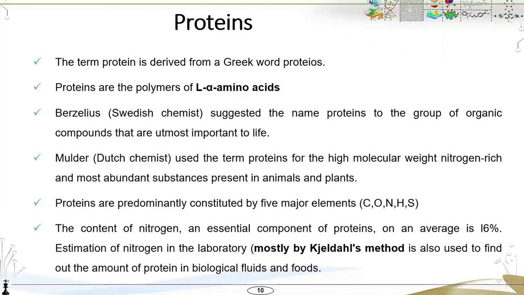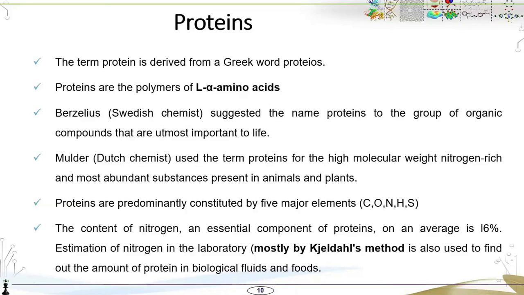As I mentioned, proteins are the polymers of L-alpha amino acids. The term polymers means that it consists of a group of molecules. In terms of chemistry, when we talk about polymers, the definition will change from one segment to another. So from a chemistry perspective, polymers means it consists of a bulk or group of molecules, let's say a group of amino acids.